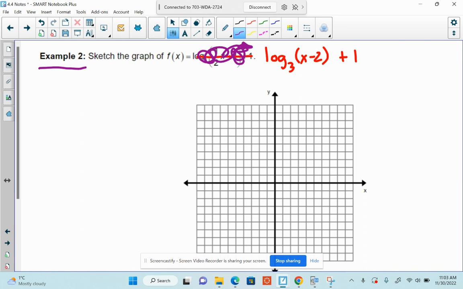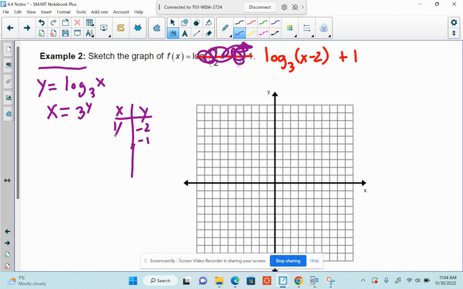I want to remind you that in section 4.1, we looked at graphs of logarithms that had bases that were bigger than 1. So I'm going to remind you what the graph of y equals log of x base 3 looks like. We switch it over to x equals 3 to the y power, and instead of putting in the x values, we put in the y values.